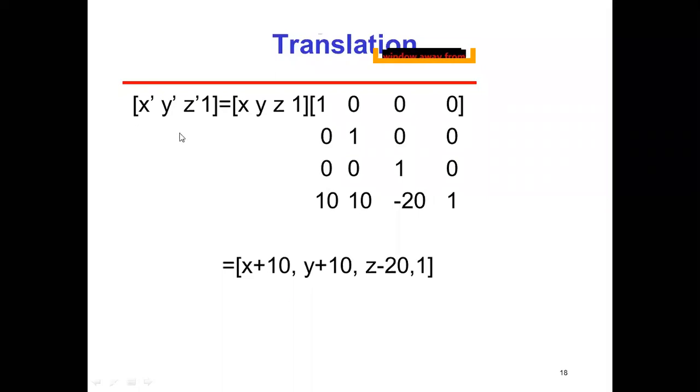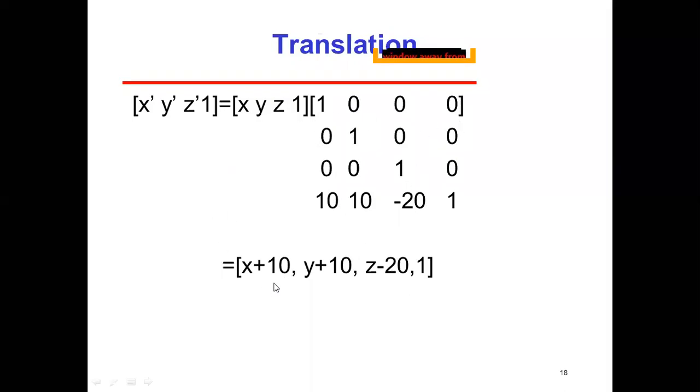First you have to write x dash, y dash, z dash, 1, and write the formula for the translation: x, y, z, 1 followed by the translation matrix. I am writing the values directly: Tx given, Ty given, Tz given. We are using a 4 by 4 matrix because this is the 3D case. So we will solve this first.